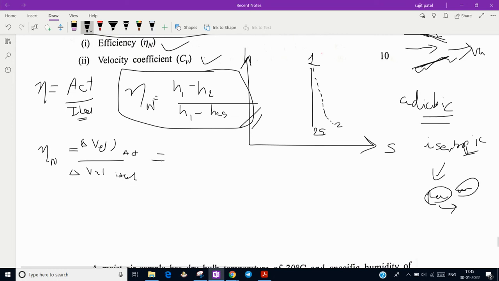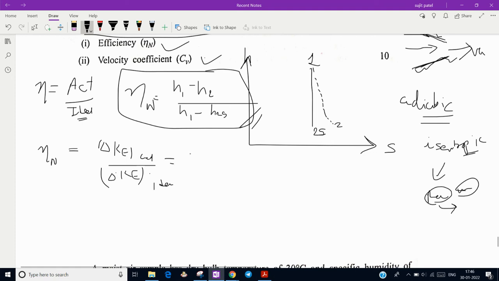Or we can say kinetic energy change, not velocity change, sorry, it's my mistake: delta kinetic energy actual and delta kinetic energy ideal.